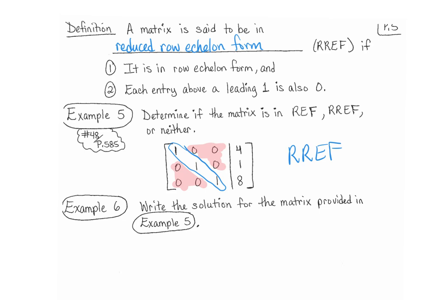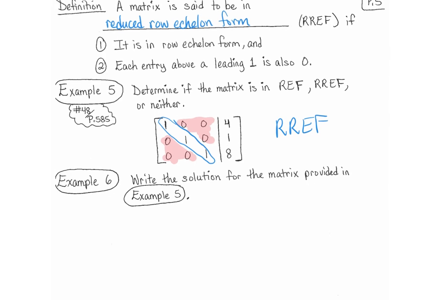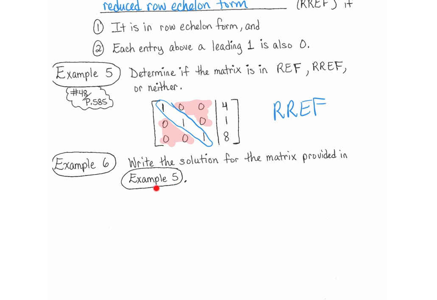From example 5, write the solution for this matrix. You have this matrix in reduced row echelon form. What's the solution? 1x equals 4. 1y equals 1. And 1z equals 8.